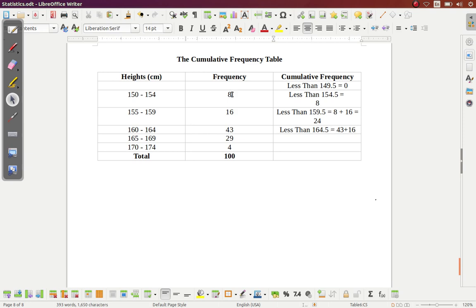Plus these 8, because we're including everybody that measures less than 164.5. So plus the 8. What do you get for this? 24 plus the 43, that's 67. 67 persons measure less than 164.5.